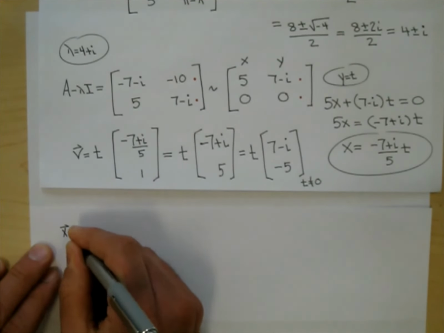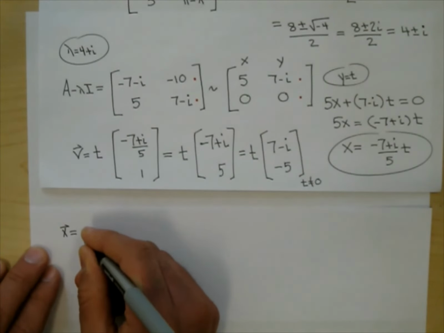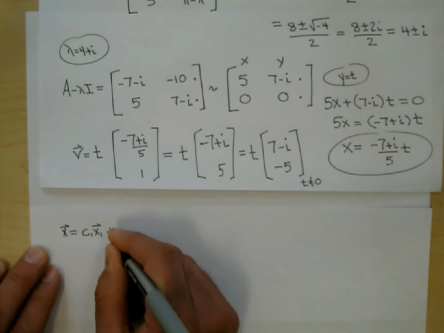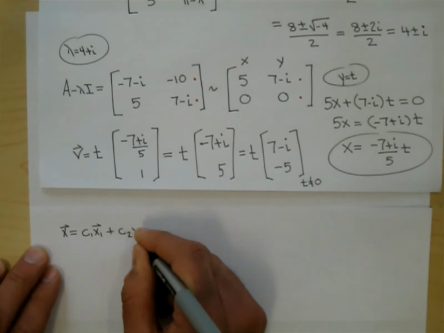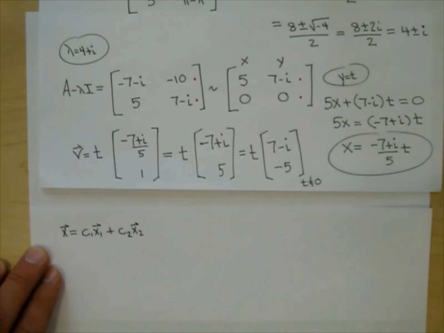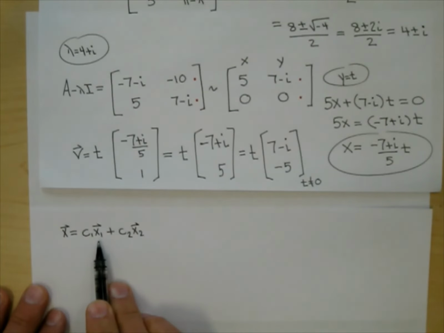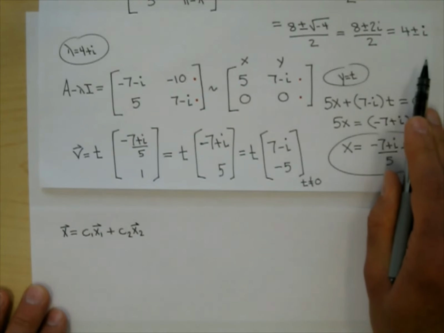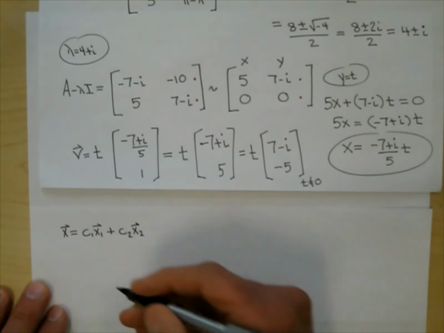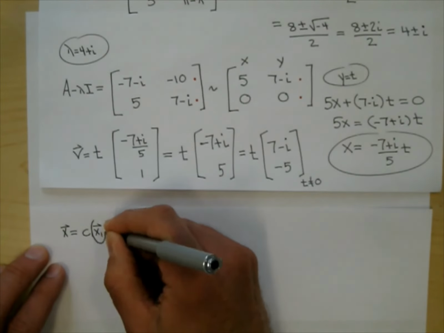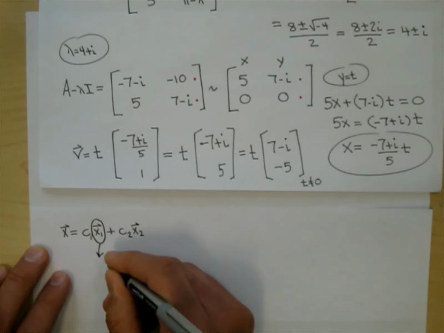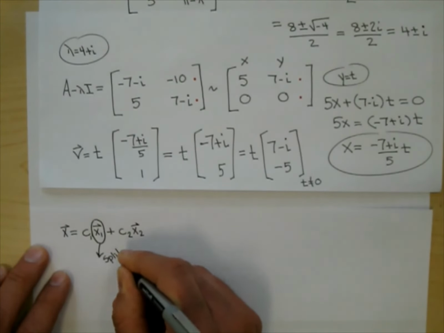Our solution is going to look like this. X bar equals C1 X1 bar plus C2 X2 bar. The X1 bar comes from 4 plus I, and the X2 bar comes from 4 minus I. So what we can do is take this guy right here, this is still a C1, and split that guy.